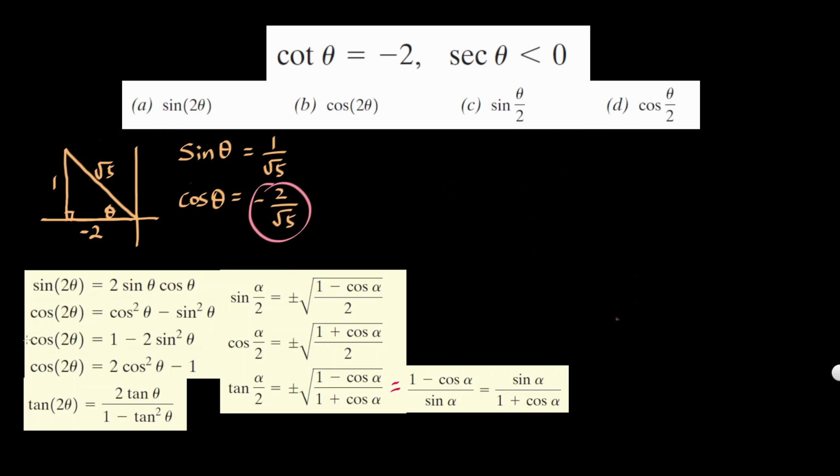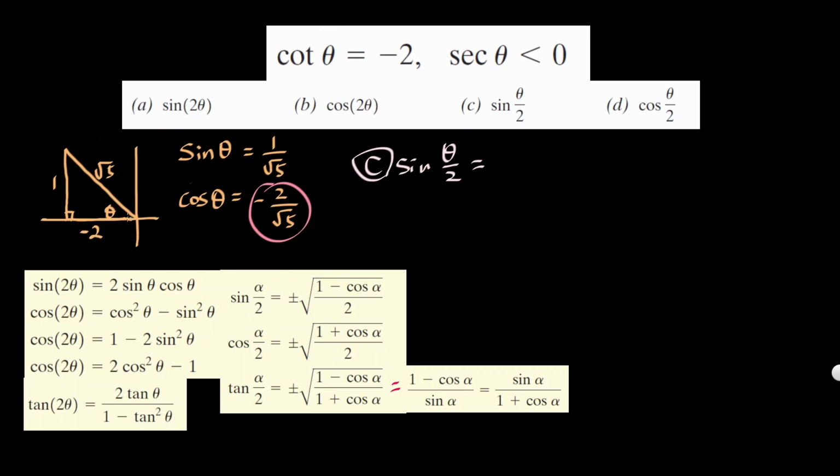C says it's sine theta over 2. Let's use the half angle formula for this. But before that, like I said many times, you have to see whether it's going to be positive or negative. Not using this triangle, because we're taking sine of theta over 2, not theta.